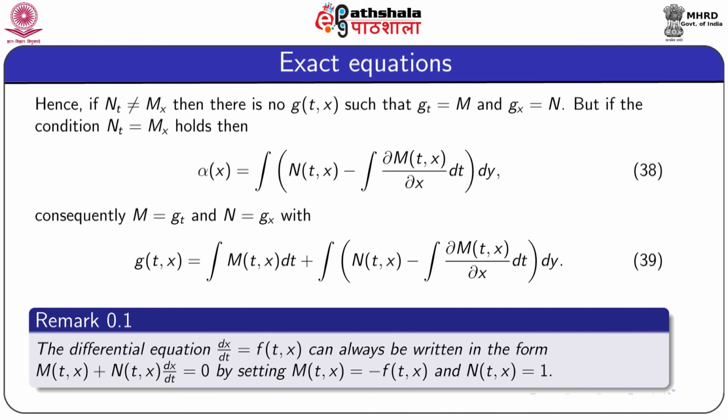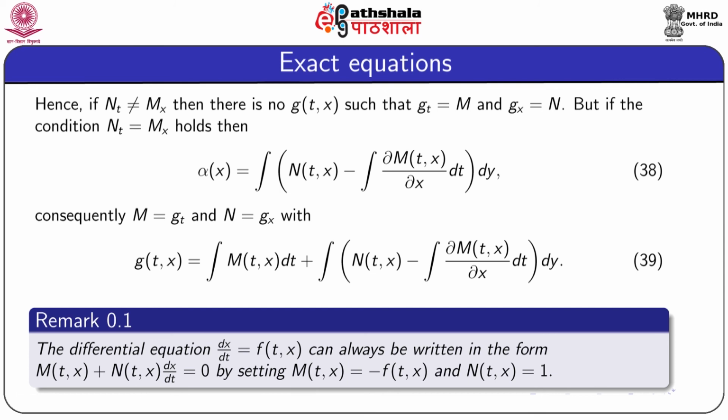Suppose ∂n/∂t is not equal to ∂m/∂x, then there is no function g such that ∂g/∂t equals m and ∂g/∂x equals n. But if the condition ∂n/∂t equals ∂m/∂x holds, then α(x) is equal to the integral of n minus the integral of ∂m/∂x dt, multiplied by dx.